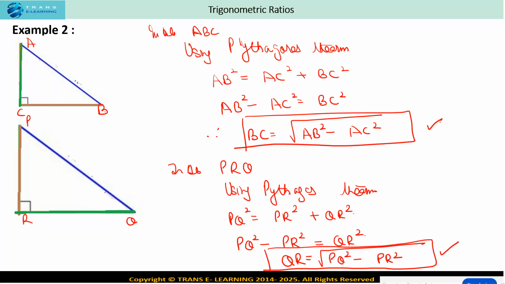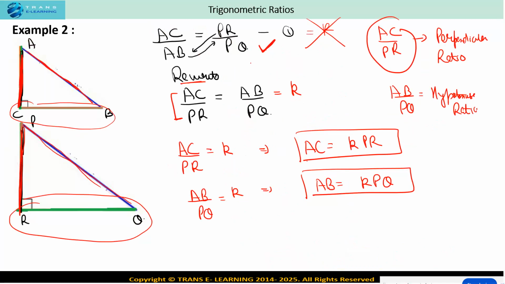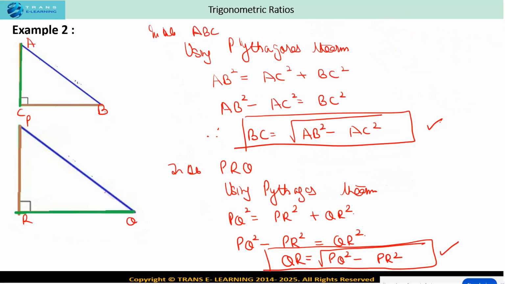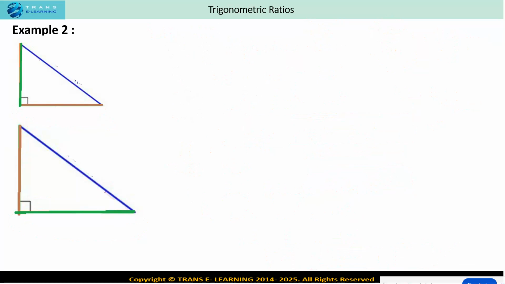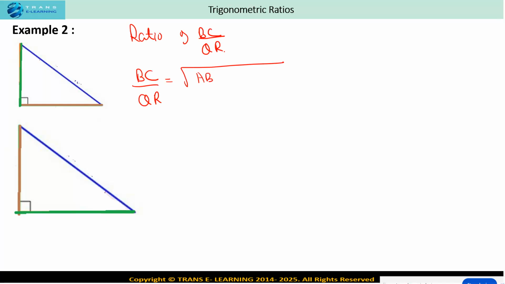Now you must be thinking what I'm going to do now. I'm going to take the ratio of these two sides and substitute the values of AB and AC which I found out. Then accordingly I will get the answer. So now I am going to take the ratio of BC and QR. BC upon QR is equal to the square root of AB square minus AC square, upon the square root of PQ square minus PR square.